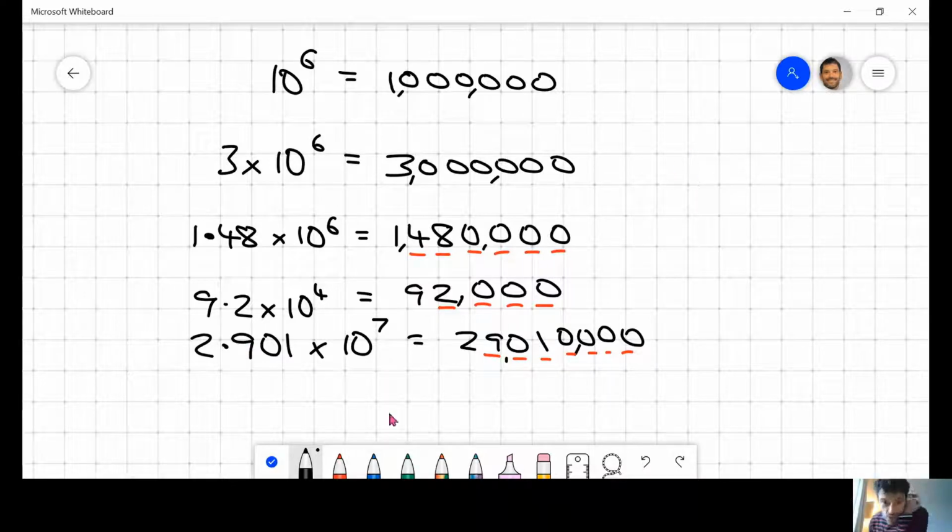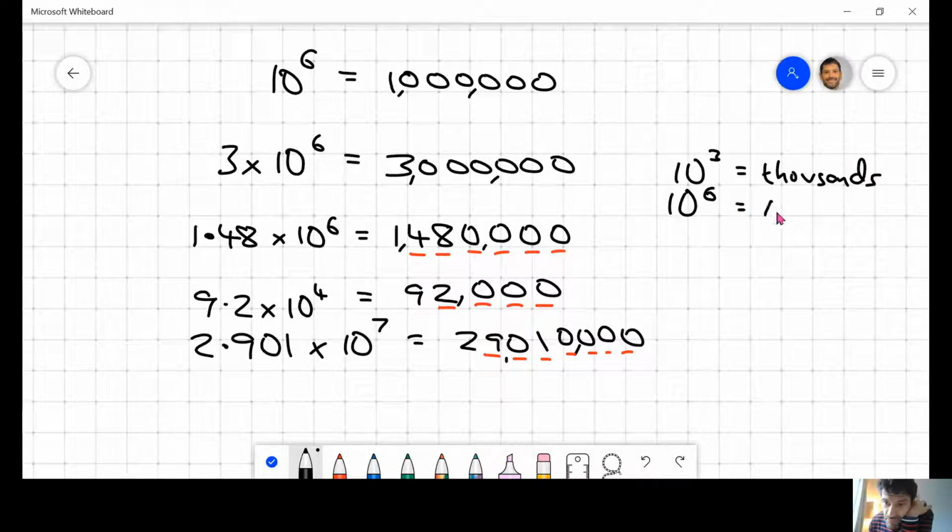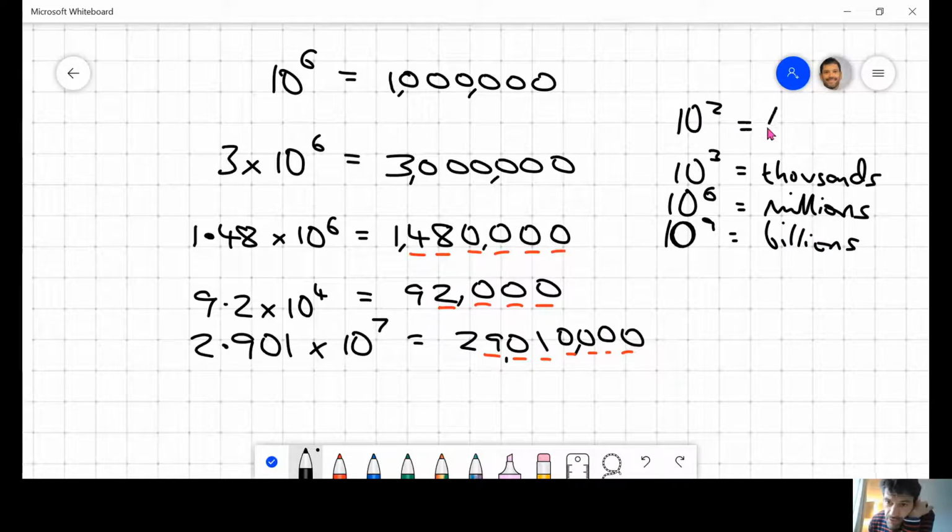Nice. So you'll get used to a few shortcuts. 10 to the 3 is thousands. 10 to the 6 is millions. We may not get there, but 10 to the 9 is billions. And also 10 to the 2 is hundreds. So what I mean by that is if you see 5.6 whatever times 10 to the 9, well that's 5 billion and some other stuff.